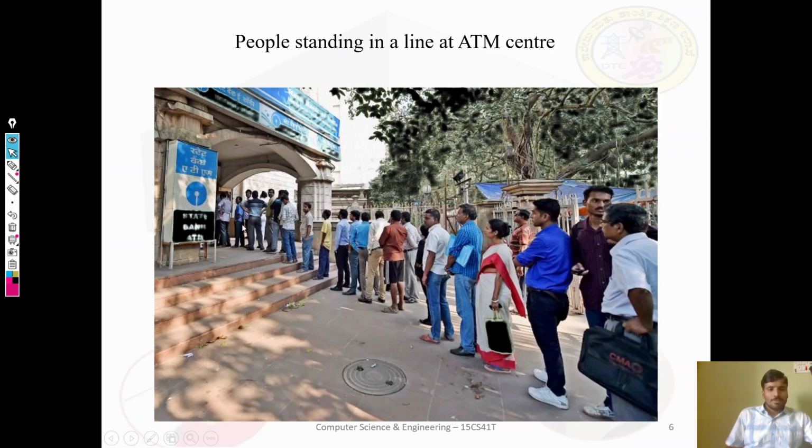By observing this picture, what can you guess? It is a line of people who are standing at an ATM center. So where are the people standing? They are standing in a line near the ATM center. Whoever has come first to the ATM machine can draw the amount first. So this is the concept of first in first out, the FIFO principle.